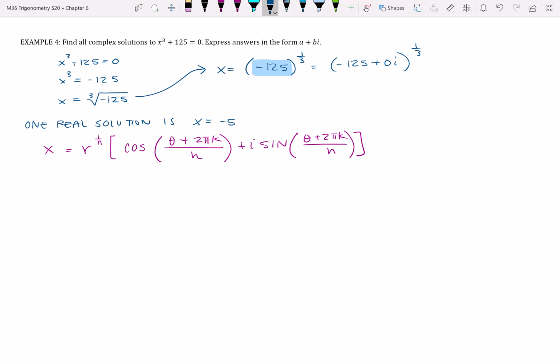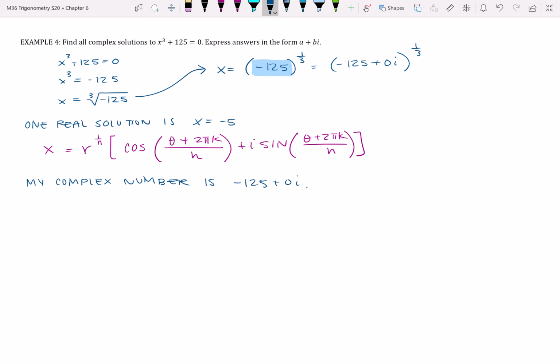So let me just write that down just in case you're a little bit confused. So my complex number is negative 125 plus 0i. Okay, so that's my complex number there.